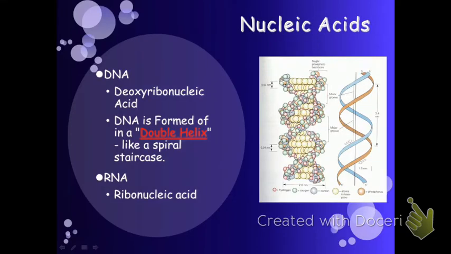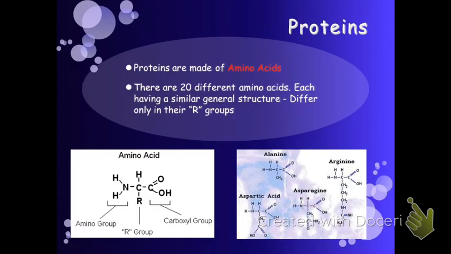We mentioned polymers and monomers, and the proteins are actually the polymer, okay? And amino acids are, excuse me, I said that backwards. Proteins are the polymer, and amino acids are the monomer, okay?